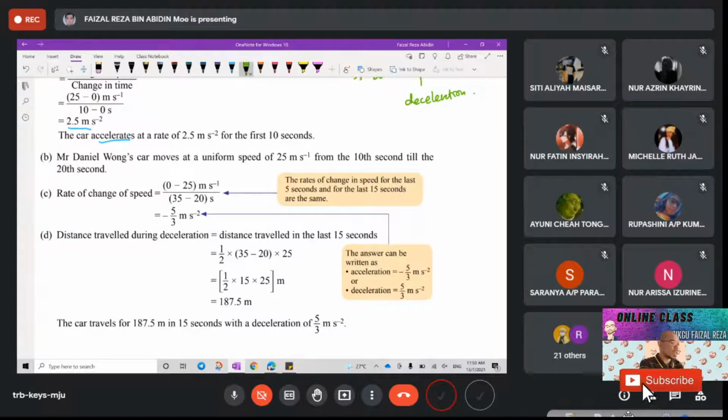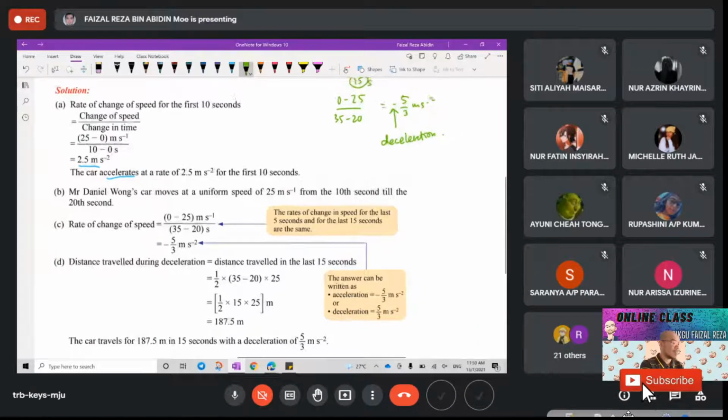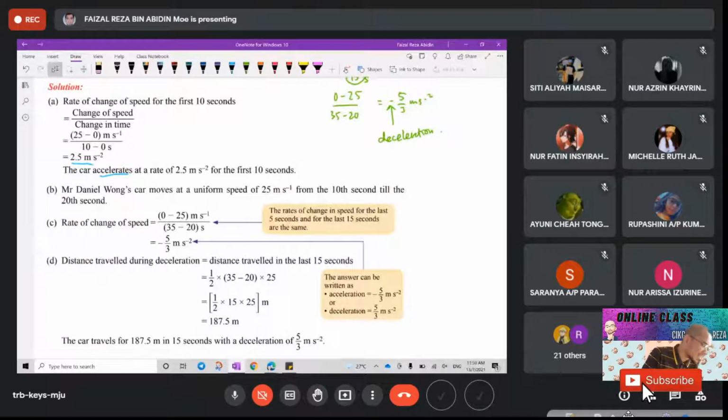So for the car, you are going to make what we call a story: it travels 187.5 meters in 15 seconds with a deceleration of 5 over 3 meters per second squared. If you state deceleration, there is no need to put negative.